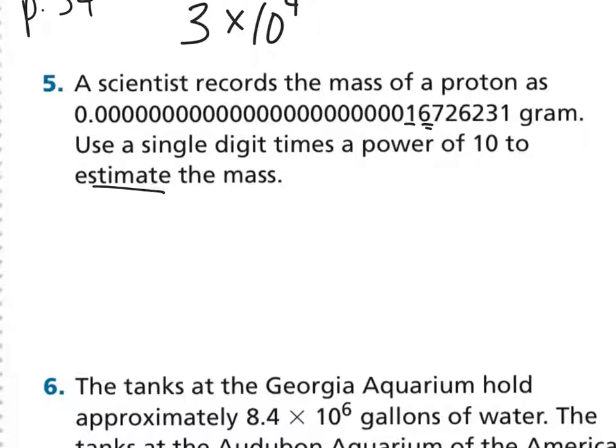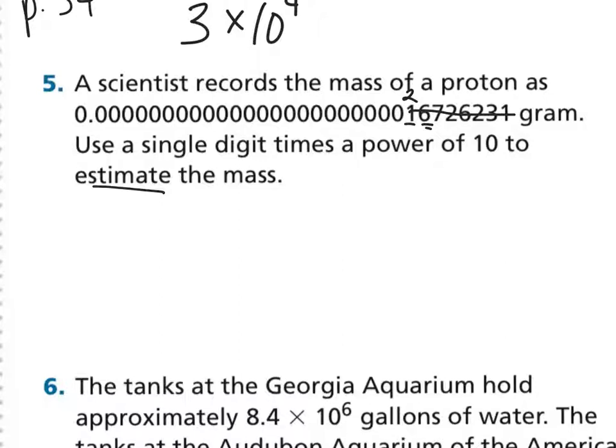After the 1, we have a 6. So the decision is whether we keep it a 1 or change it to a 2. Since the 6 is at least a 5, if it's 5 or higher, we're going to round up. We're going to change that to a 2. Rather than rewriting all of this, I'm just going to put a 2 there and cross out the other stuff because it's hard to keep track of all of that.